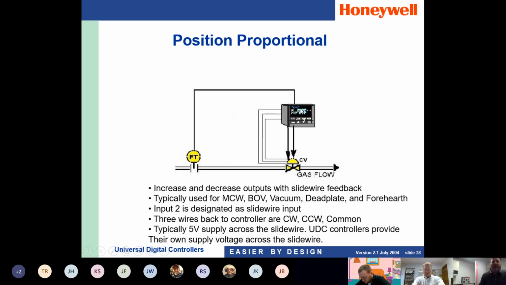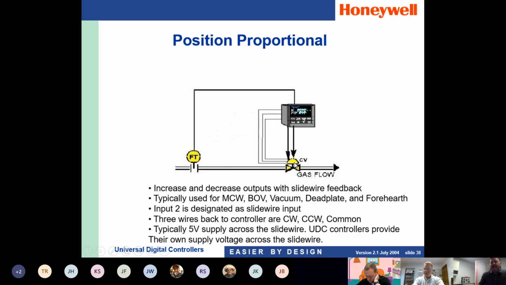So if the controller was asking for 50% output, then the control device, hopefully it's at 50%, would send a signal back to the controller saying that either I'm at 500 ohms or 2.5 volts to equal that 50% output that it's calling for. The output form out of this controller is basically an increase relay and a decrease relay that's controlling this actuator and offering a small feedback loop into the controller saying, yes, I'm at 50%, you can stop calling for an increase or decrease in signal.